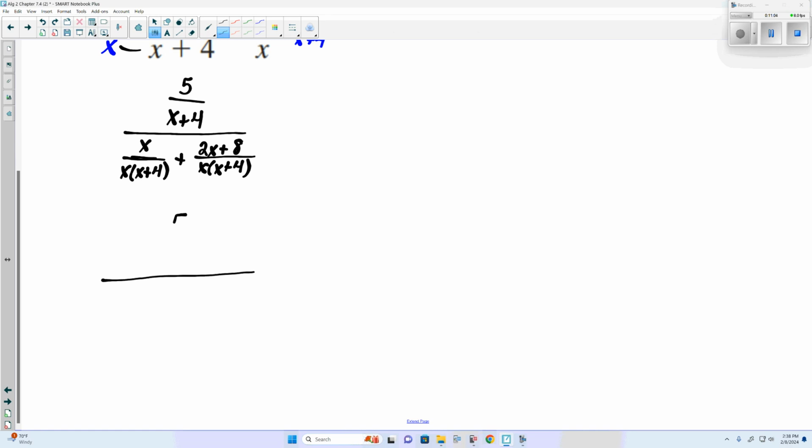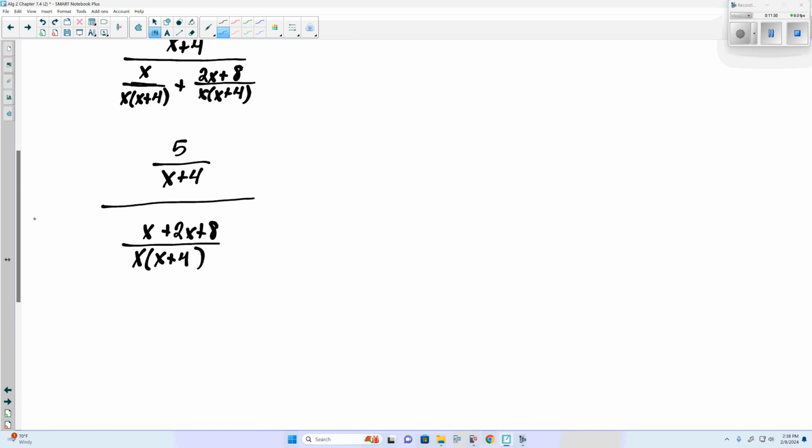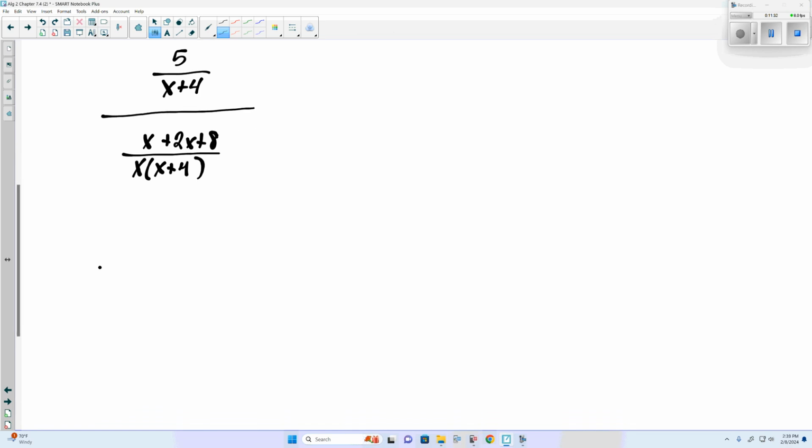Well, the numerator is still one single expression, 5 over x plus 4. Now, since our fractions have the same denominator, x times x plus 4, we can add the numerators. So we'll be adding x and our 2x plus 8. Questions on how we got to this point here?